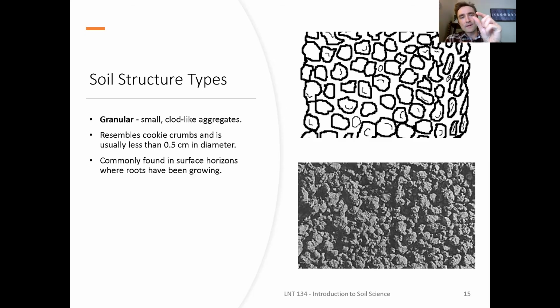And if you take one of those aggregates and break it, it'll break down into another smaller aggregate that's the same size, kind of a fractal pattern. It just keeps breaking up, but it always has this same roundish crumb-like structure. That is ideal, and that's what you want to have in your surface horizons or your topsoil where your roots are going to be growing primarily.